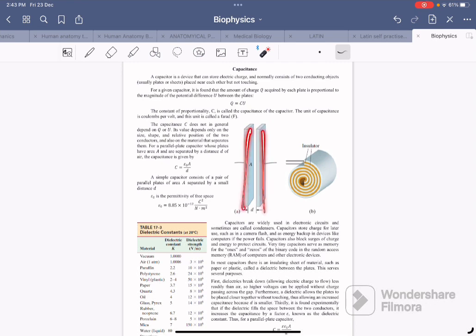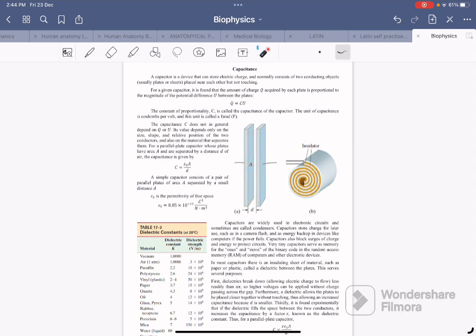For its plates, how will you calculate the value of capacitance? What you're going to do is simple. The amount of charge Q acquired by its plates is proportional to the potential difference between the plates. There will be a potential difference between the two plates.